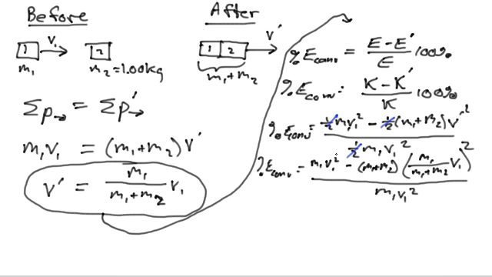I've got a v1 squared up there, there, and there, with the square on the outside, and so the v1 squareds cancel.